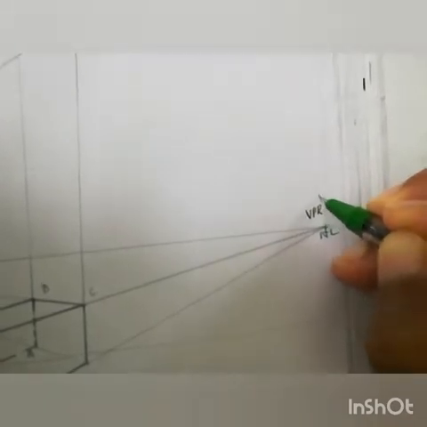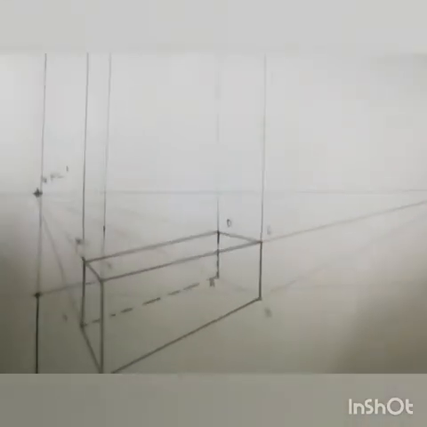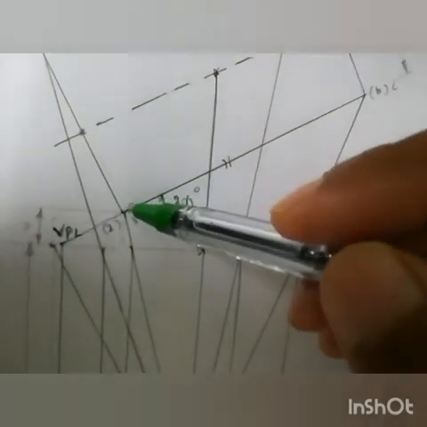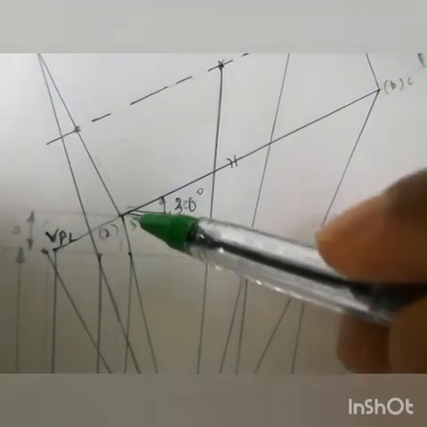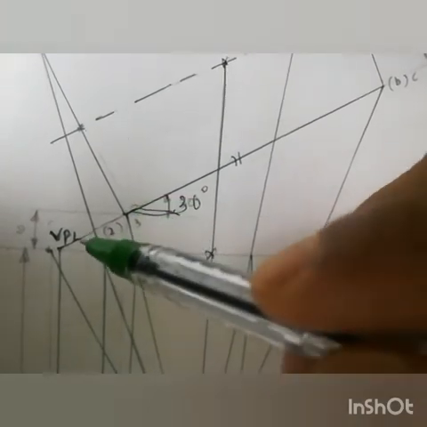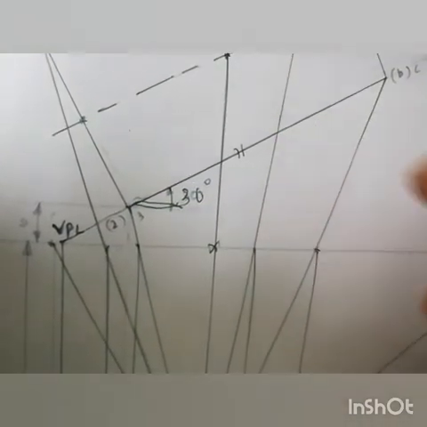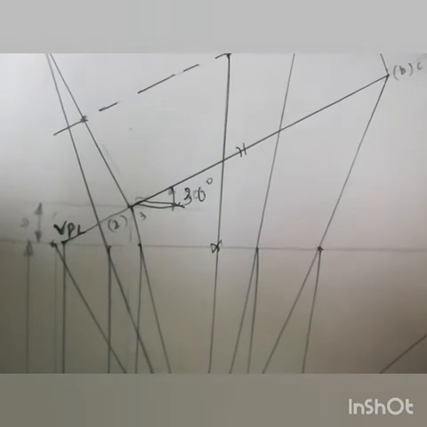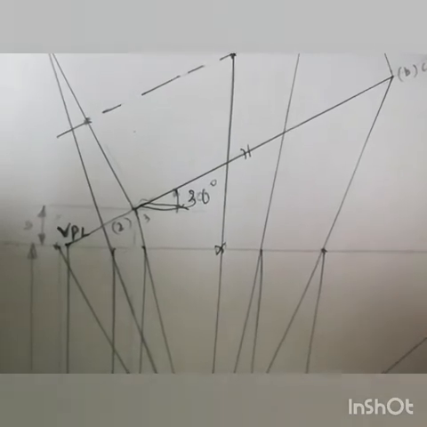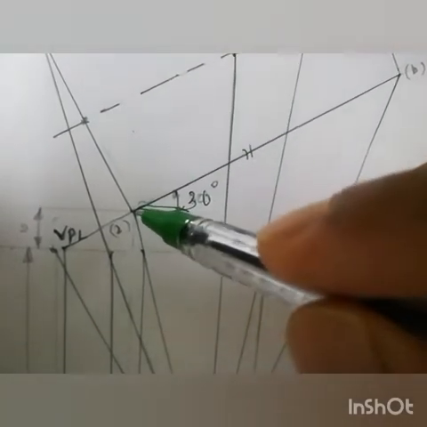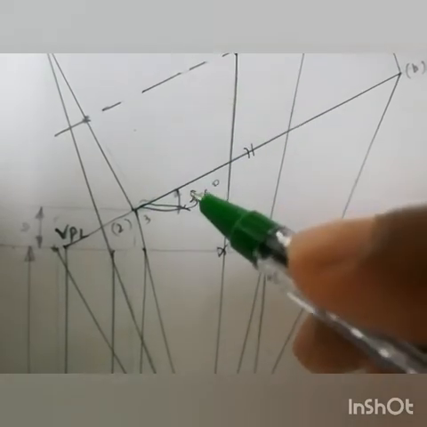Now the thing is that this vertical edge does not touch the picture plane. If it had touched the picture plane, in perspective view it would have appeared as the true length, that is 32 mm. That vertical edge 2-3 is having a height of 32 mm, that is given in the question.